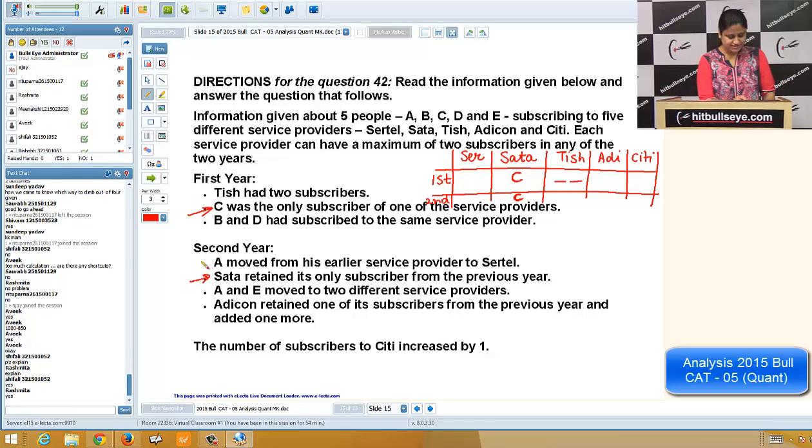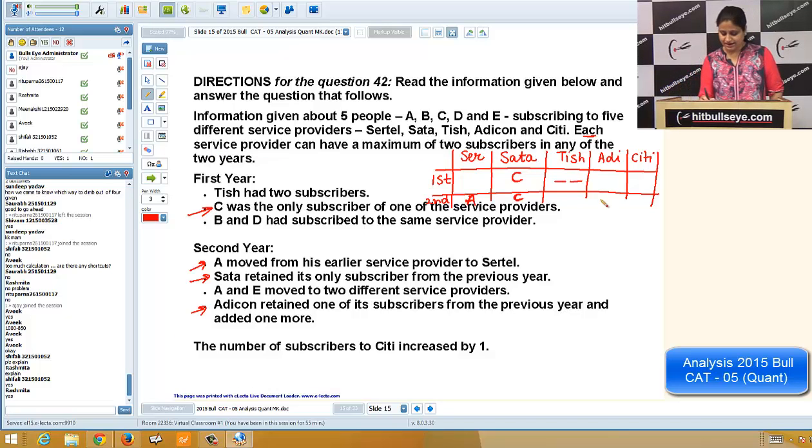Now coming to the first information, A moved from his earlier service provider to SATA. So I'm putting A here. In total, we have 5 persons. Now, Edicon retained one of its subscribers from the previous year and added one more. It means Edicon has at least 2 customers. Now coming to this line, each service provider can have a maximum of 2 subscribers.